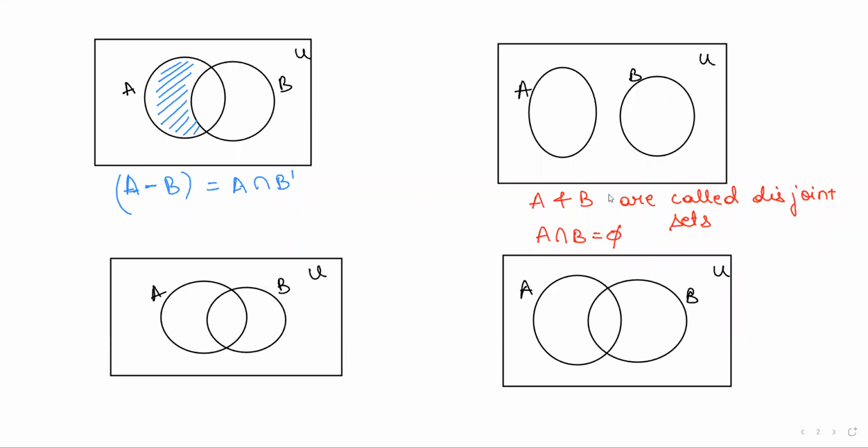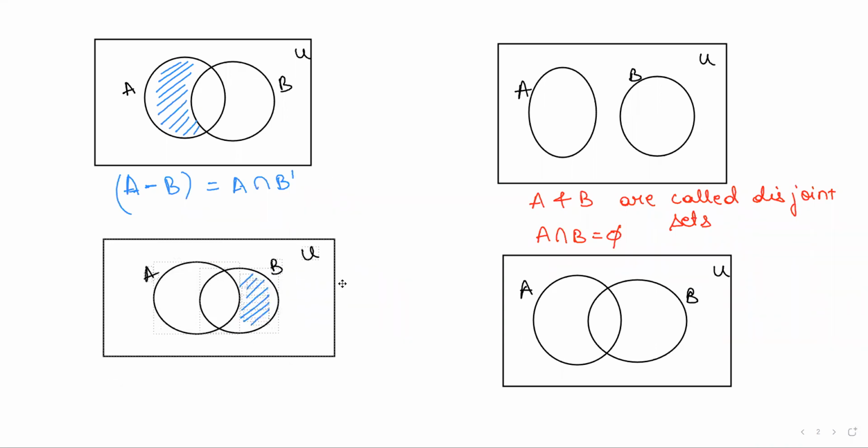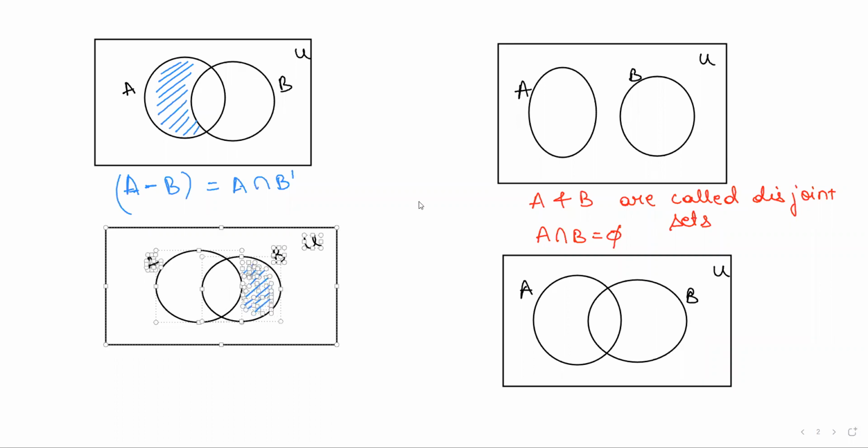If I shade up the region from B part, which is not present in A part, then similar to the previous question, it can be written as B minus A, because you're removing all the elements of A from B. This can also be written as B intersection A complement.